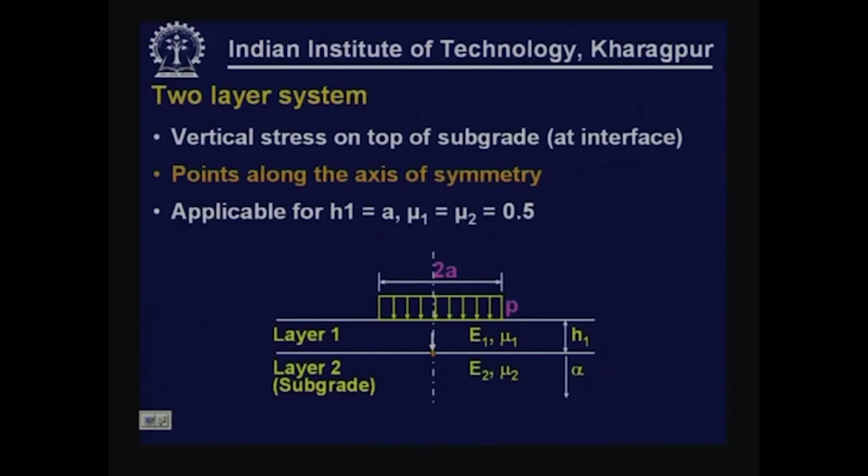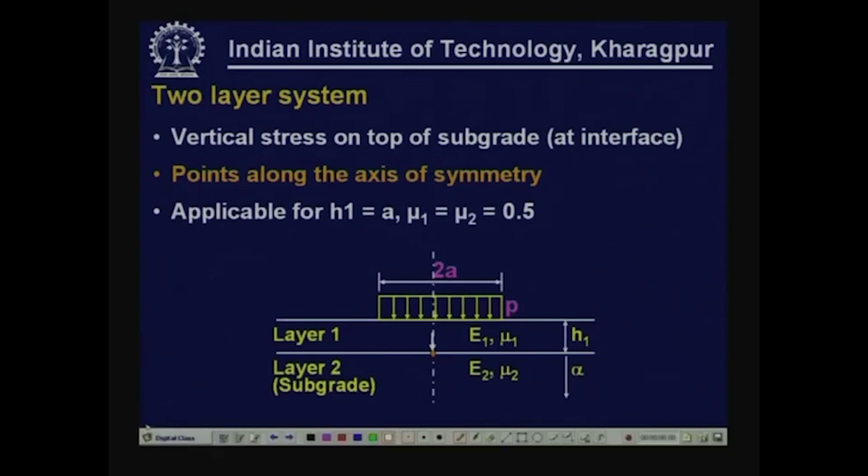The vertical stress on top of subgrade, that is at the interface between the pavement layer and the subgrade, can be calculated with reference to this diagram. The points along the axis of symmetry of load can be considered. So, a two layer system is represented by two layers, the pavement and the subgrade, represented by thickness of the pavement.